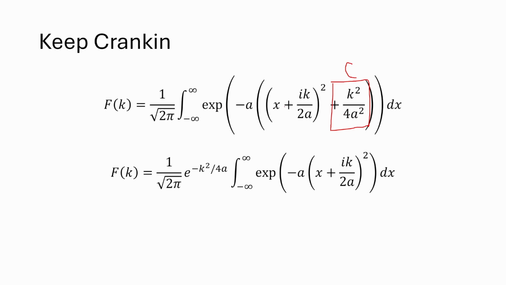So this is e to the some stuff times e to the negative a times k squared over 4a squared, and that whole thing is a constant that you can pull out front. So that's what's happening outside the integral now: we've taken the constant part of the exponential and factored it out from the integrand. What is left in the integrand is the function of x, which is our variable of integration.